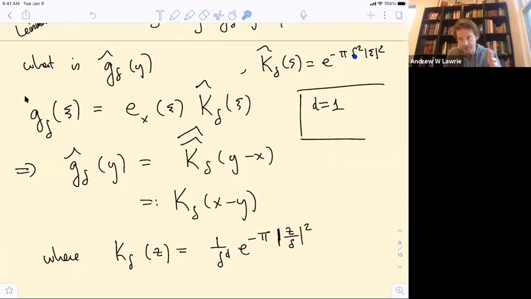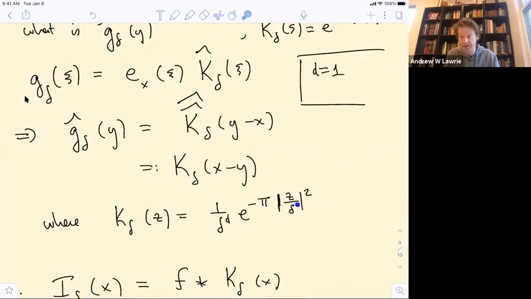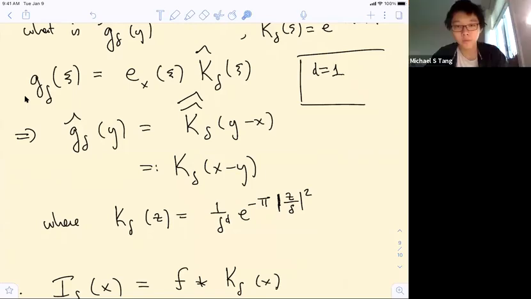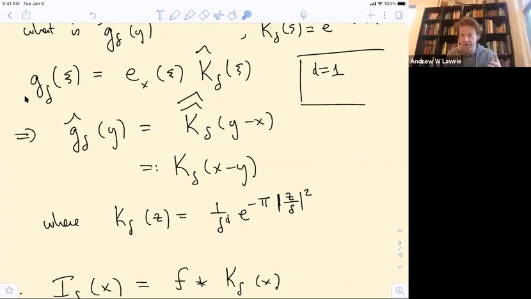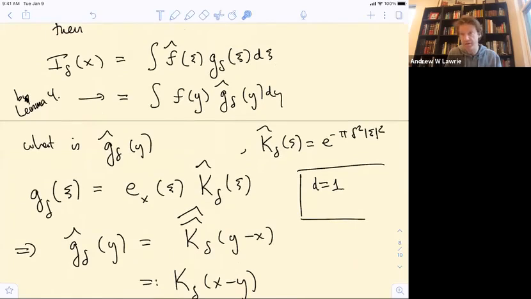And if you rescale a function and take the Fourier transform, what happens? You have to do the opposite scaling and then multiply by this dimensional correction, 1 over delta to the d. So we used a bunch of these, and there was this reflection business that we used as well. We used all these actions of symmetries, a mixture of applying symmetries and the Fourier transform, to compute the Fourier transform of G delta.